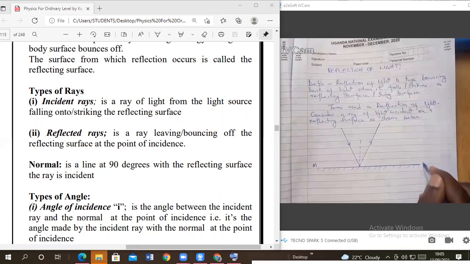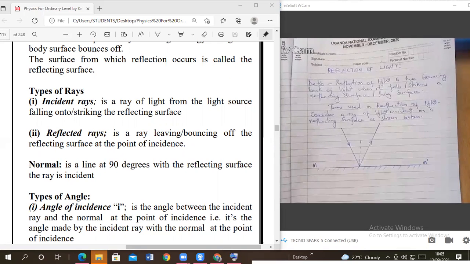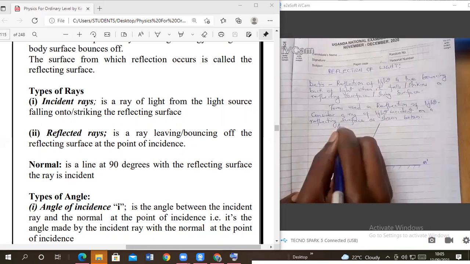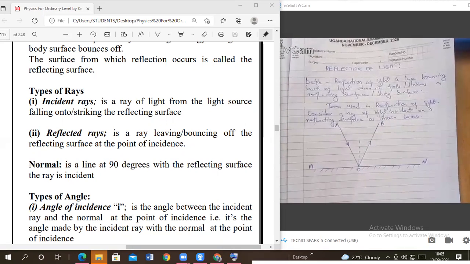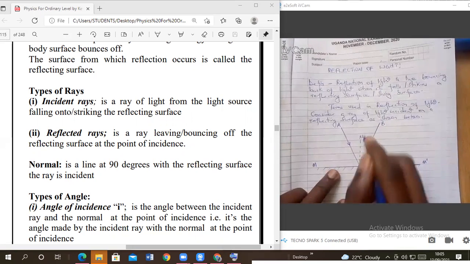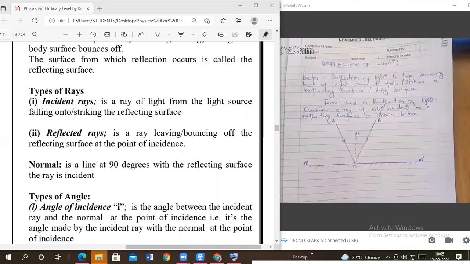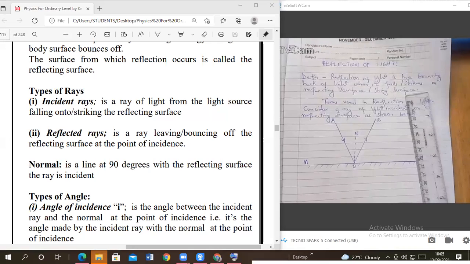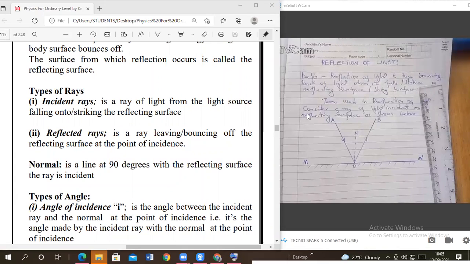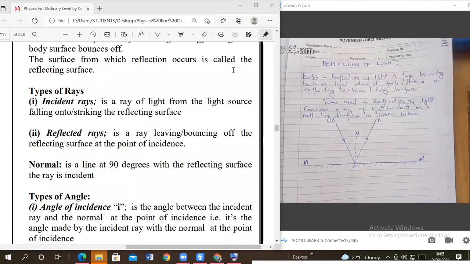So M prime. Let's say this is A or B. Then let's say this is N. That is N. Members, have you drawn that?